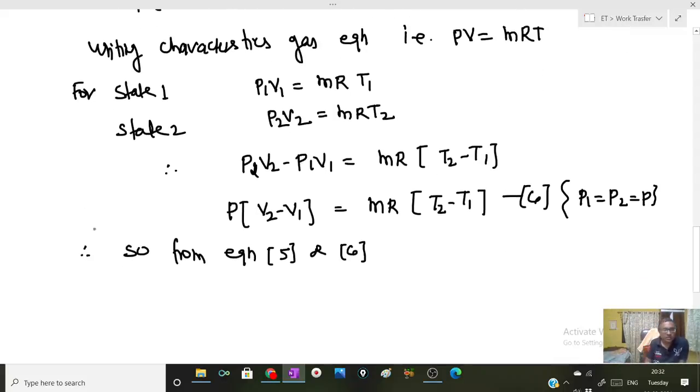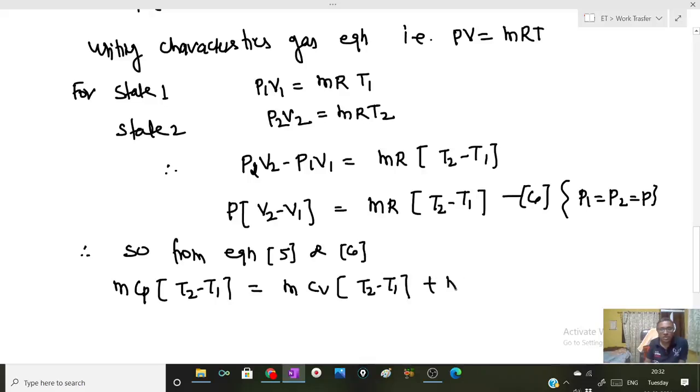it will be m Cp (T2 minus T1) is equal to m Cv (T2 minus T1) plus m capital R (T2 minus T1).